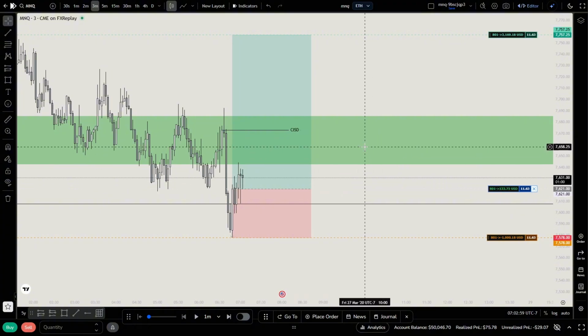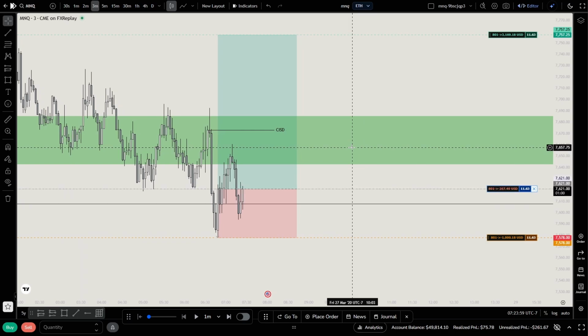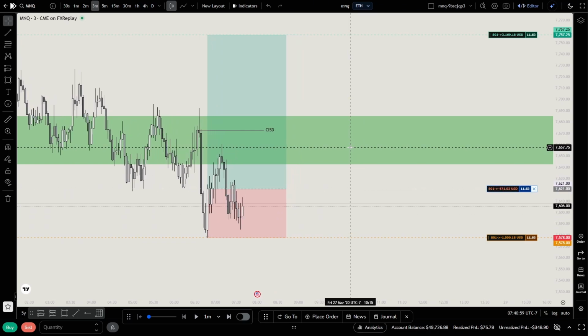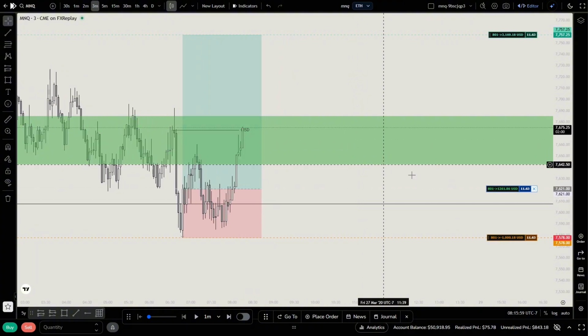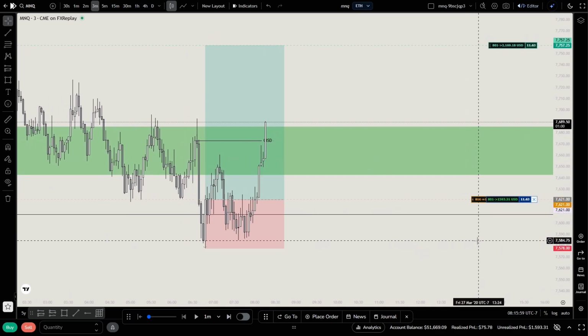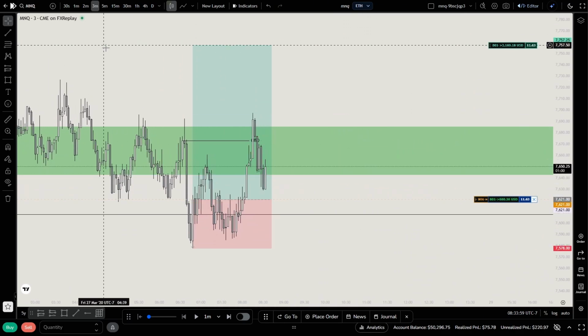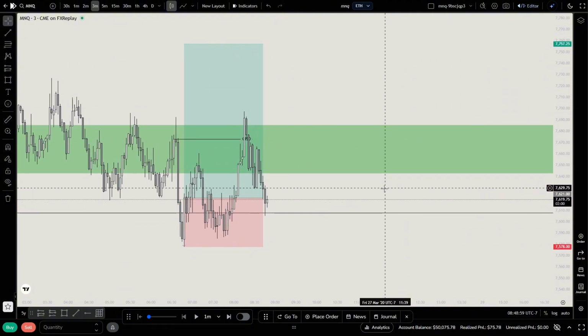Body closure above to go break even. Body closure above. And then break even. Fortunate.